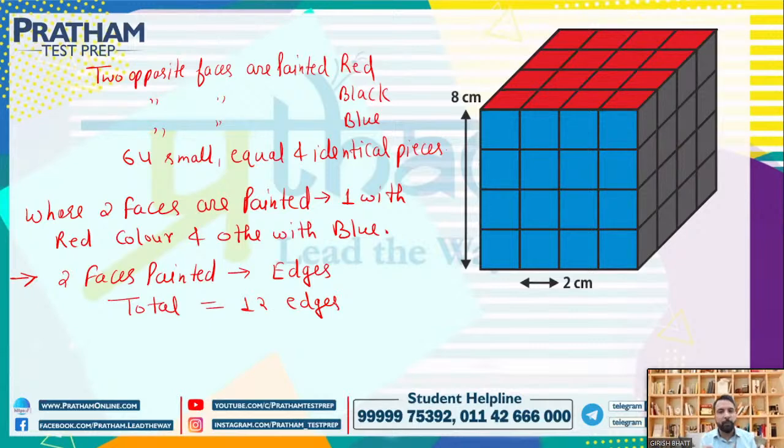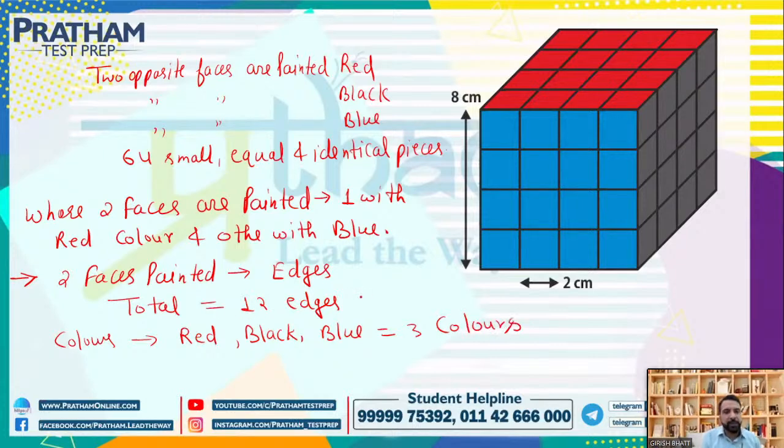A cube is a uniform, symmetric figure, right? So the given colors are red, black and blue. So think, red, black and blue, total 12 edges, 3 colors, right?